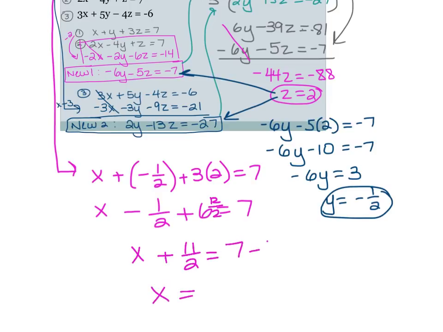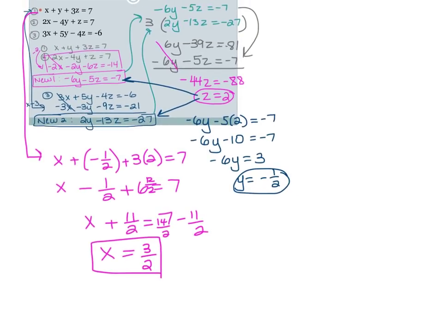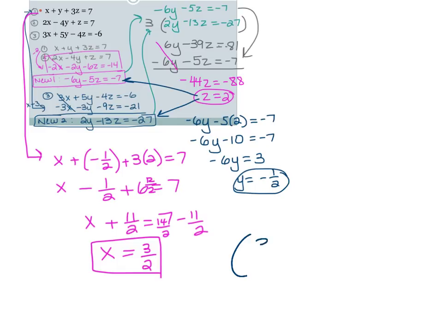And x would equal 7 minus 11 halves, or 14 halves minus 11 halves, which is 3 halves. And then your solution is 3 halves, negative 1/2, and 2.